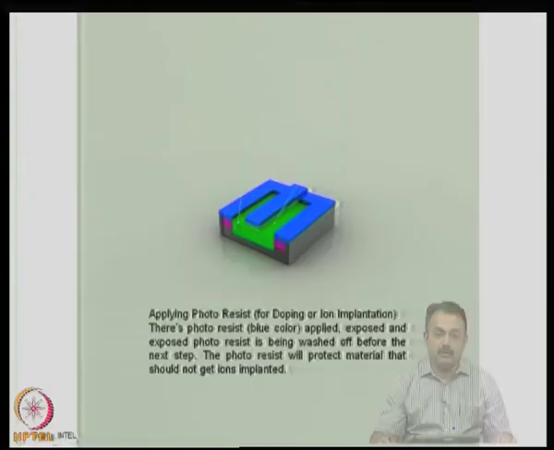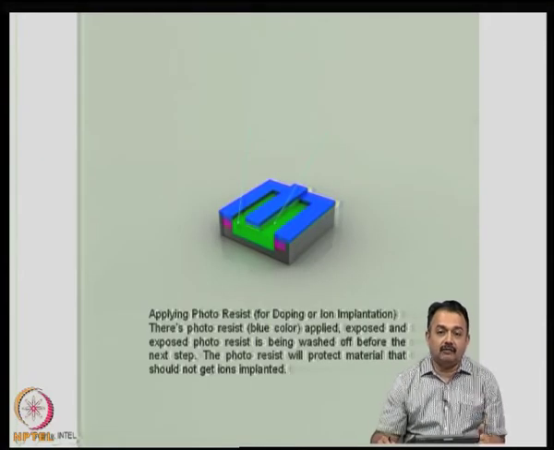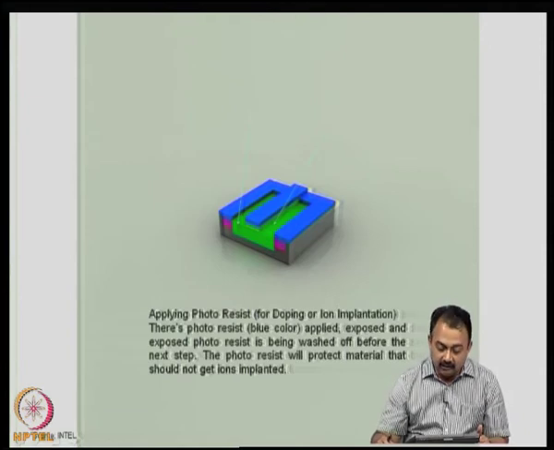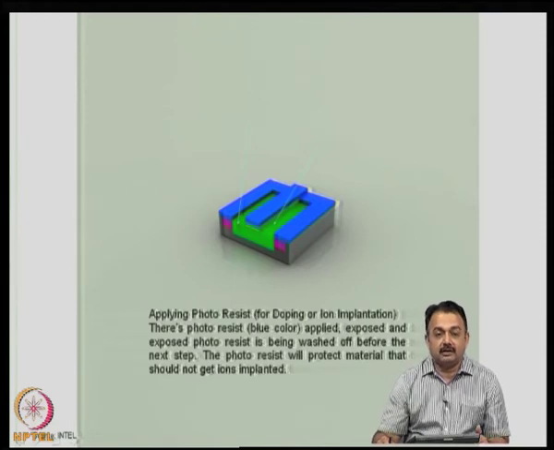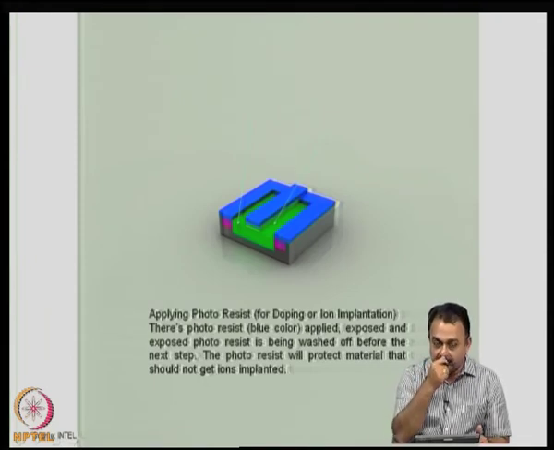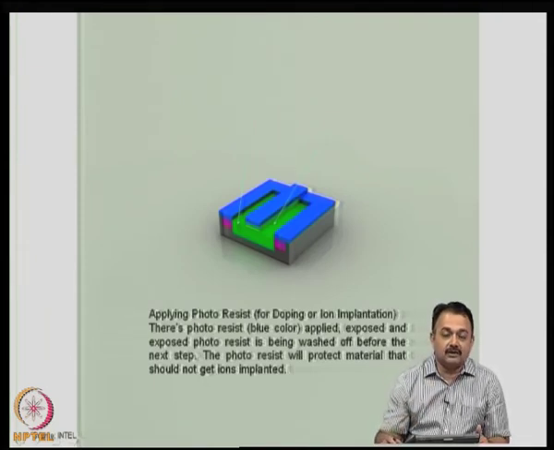Now, again you are going back to the photoresist application. This time the reason is you want to dope or implant some ions or use some dopants. I talked about dopants in the last class, dopants like phosphorus or boron, or copper or arsenic.